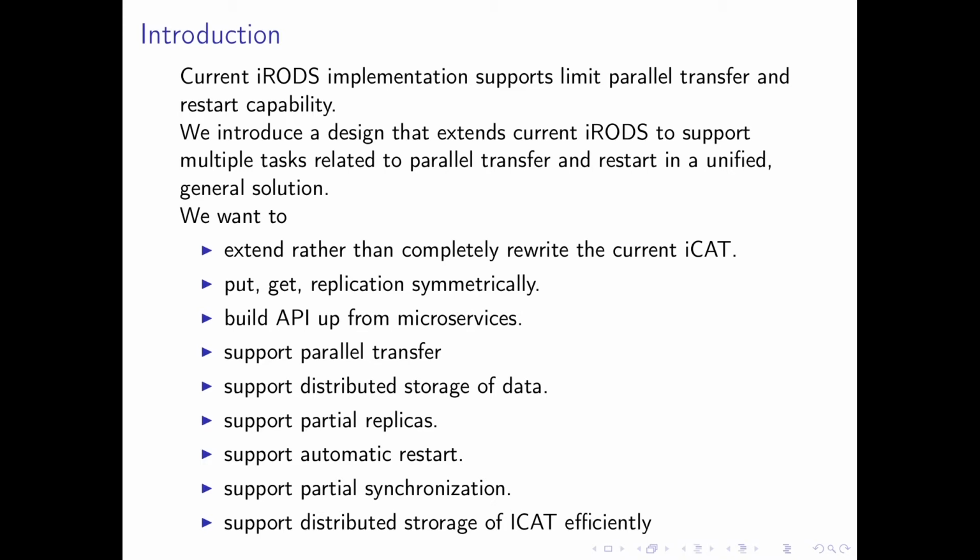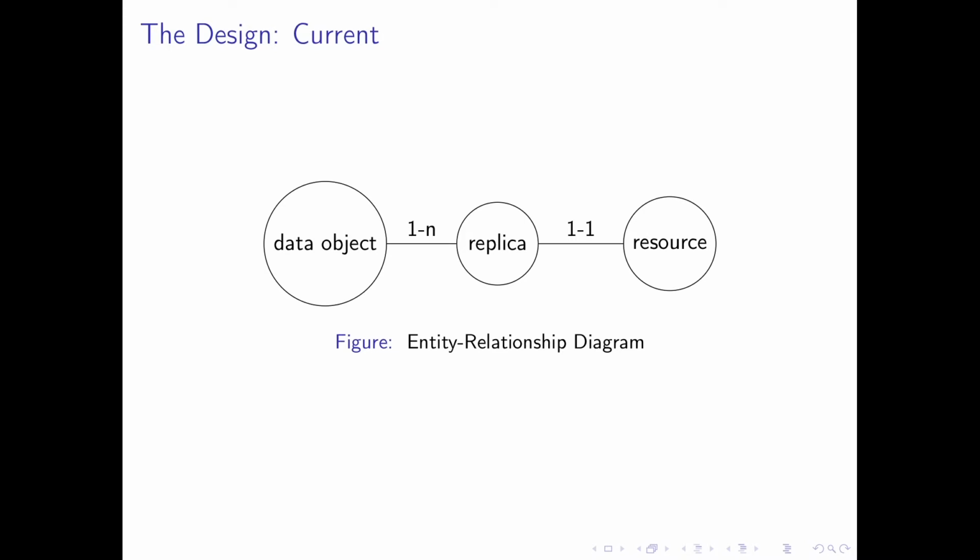Last but not least, we want to support distributed storage of iCAT. We want to build the concept of locality into where we store the metadata, so we can easily retrieve it. If you think about running a distributed key-value store, you don't want things to be replicated to the other nodes of the database all the time.